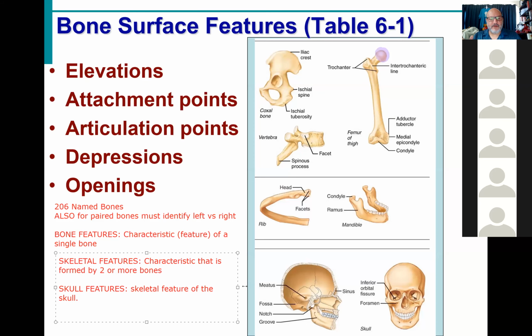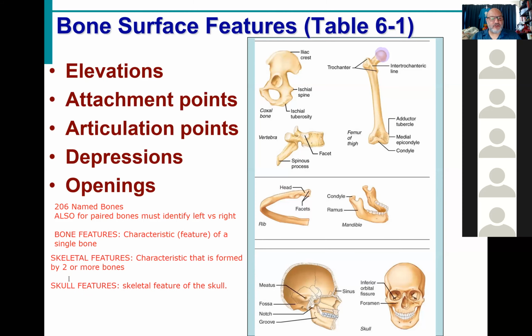A skull feature is a characteristic of the skull that is formed by two or more bones. So really, it's just a skeletal feature of the skull, but there's so many of them, we use the term skull feature. There are dozens of them.